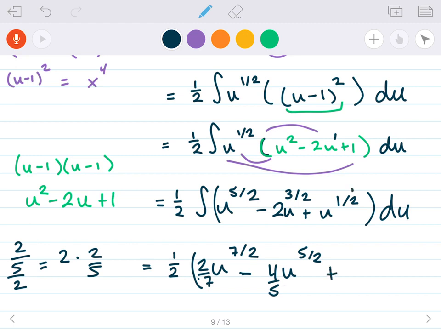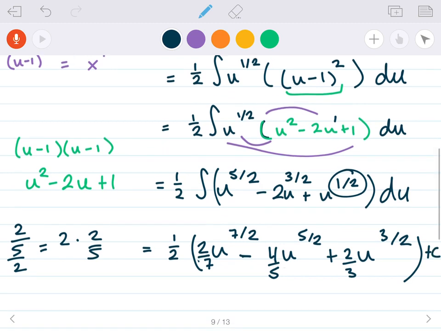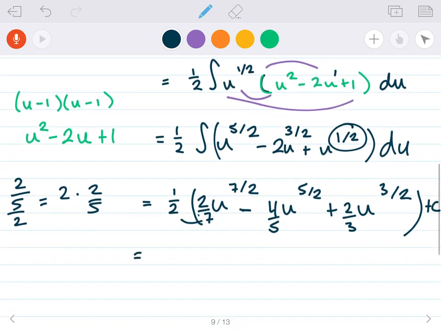And then finally, if I add 1 to this exponent, I get u to the 3/2 over 3/2, which is the same thing as multiplying by 2/3. And of course, I have this plus c at the end. Now I can distribute this 1/2 to everybody. And this is just fraction multiplication from here.